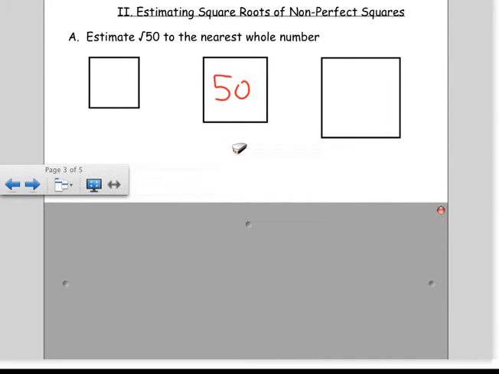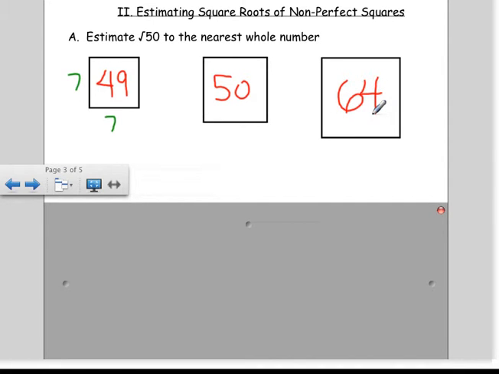The way we're going to do that is we're going to find two perfect squares that it would be in between. I know that 50 is bigger than 49, which is a perfect square. The square root of 49 would be 7 times 7. I know that 50 is smaller than 64, which is also a perfect square.